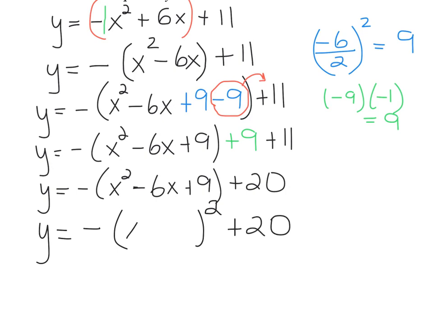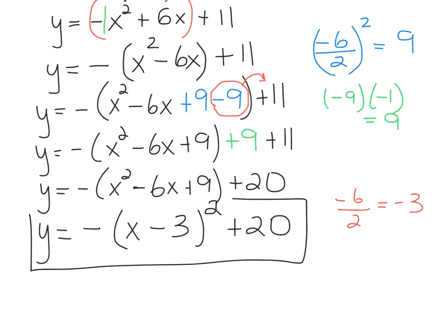So we have an x that goes inside that smaller bracket, and to figure out what number goes in the middle, remember you're taking your b value and you're dividing it by 2. So -6 divided by 2 is a -3. So -3 is going to go inside of our bracket, and here's our equation in vertex form.